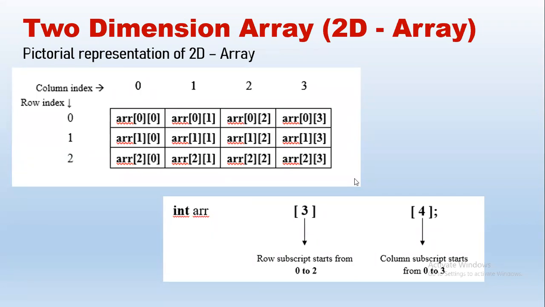Int ARR 3 4, right? Int is the data type and then ARR is the name of the array, and then 3 because there are 3 rows and 4 because there are 4 columns, right? So that is the declaration of the array. Row subscripts will be 0 1 2 and column numbers will be 0 1 2 3.